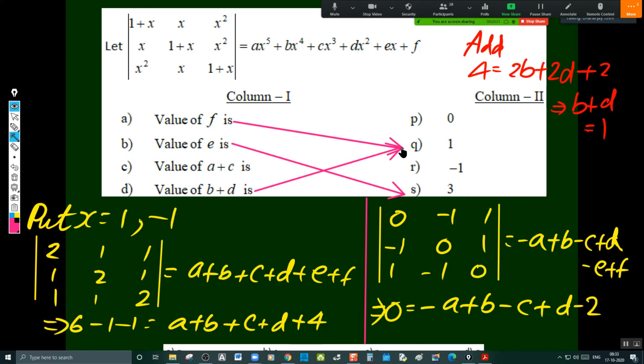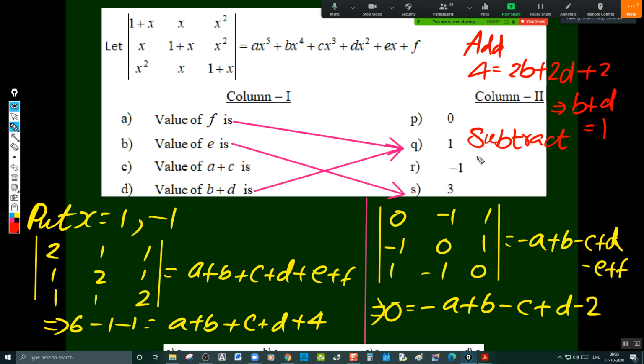a plus c minus. Subtract, please. If you subtract now, this is a plus c. A plus c will be added and b plus d will be cancelled.